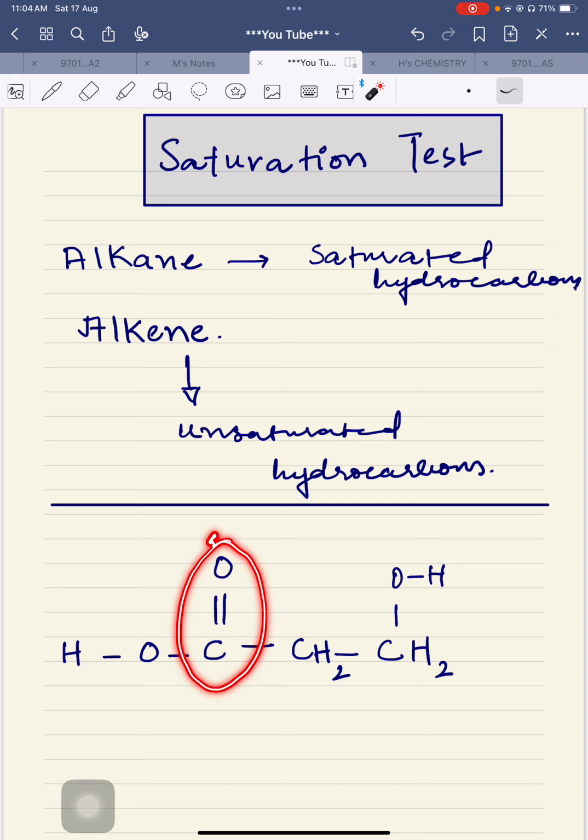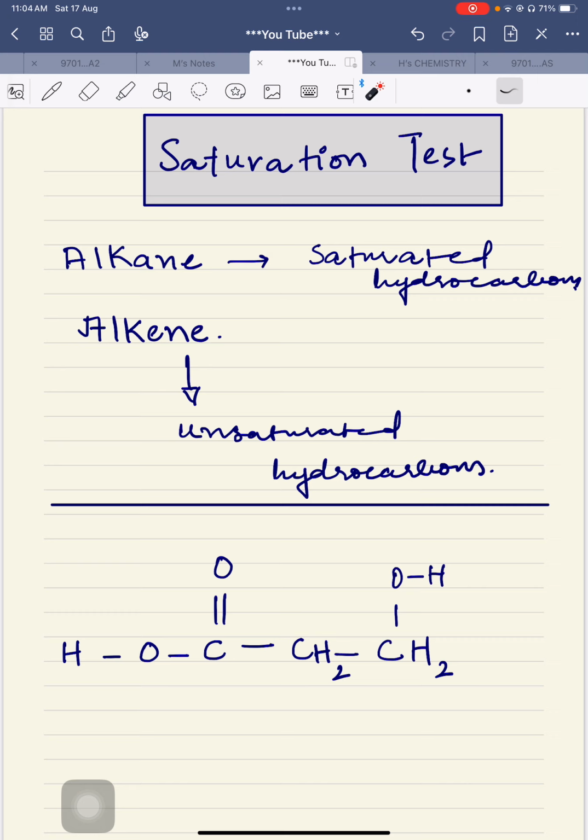It is not an unsaturated compound. Why? Because it does not have any carbon-carbon double covalent bond. Rather, it has a carbon-oxygen double covalent bond. So I am repeating: those compounds which have a carbon-carbon double covalent bond are considered unsaturated hydrocarbons, whereas those which have no carbon-carbon double covalent bond are considered saturated hydrocarbons.